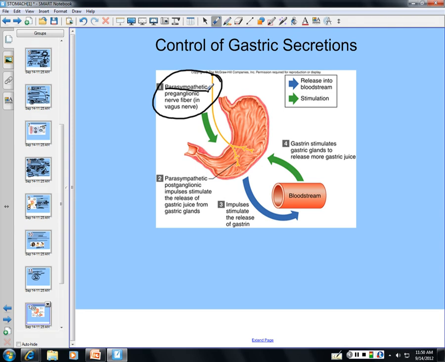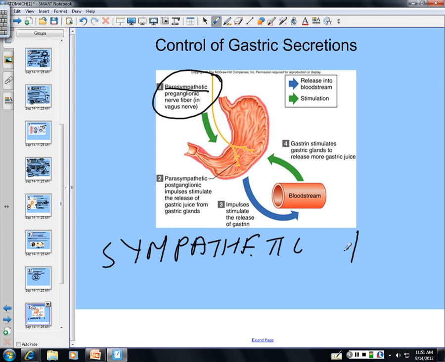In contrast, when the sympathetic system is stimulated, it will depress gastric activity. This is responsible for fight or flight. You don't want to sit and digest in there.